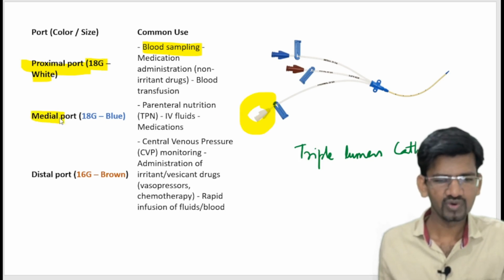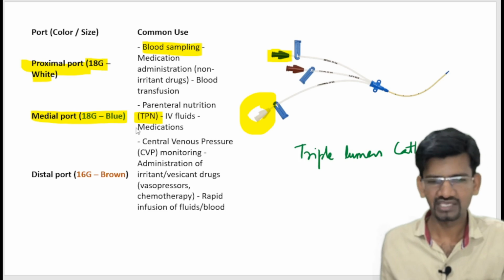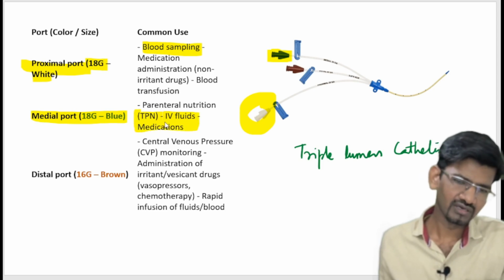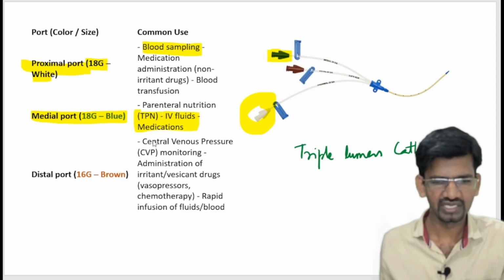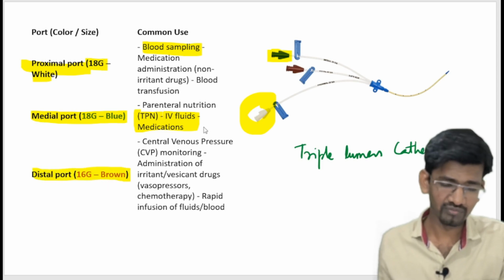Then the medial port, that is the blue one. This is also used for TPN, total parenteral nutrition, and majorly for IV fluid administration. Next is the distal port, the brown one.